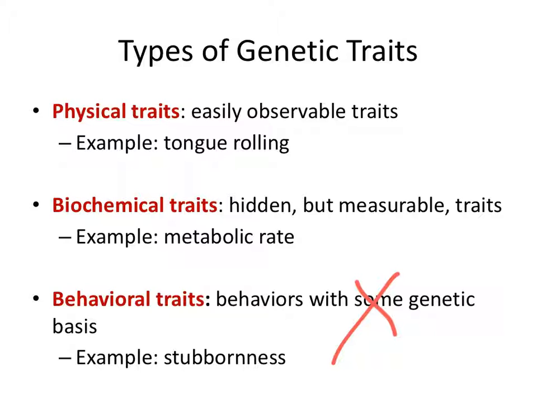Okay? And so it used to be thought that mind and matter were separate. We now know that the basis for mind, for how we think and act, is material. Okay? So there's a genetic basis for behavior and intellect and all that.